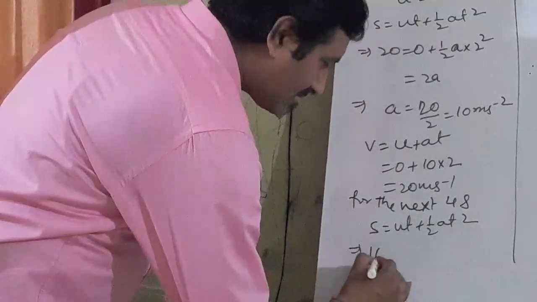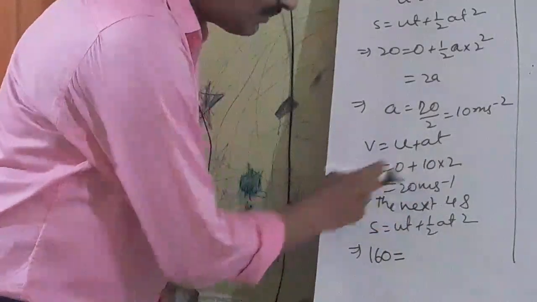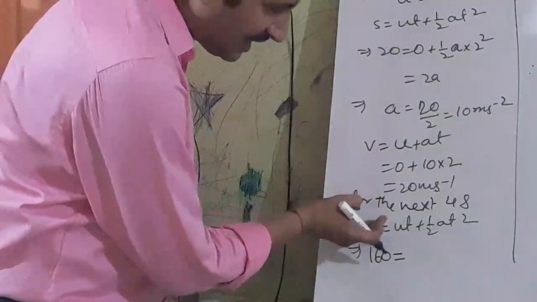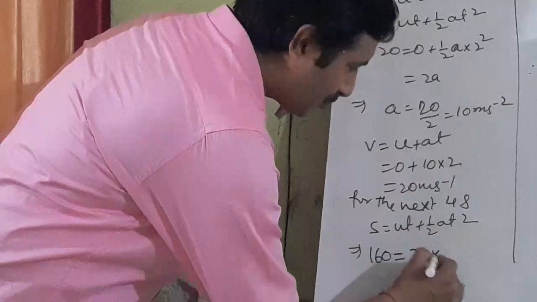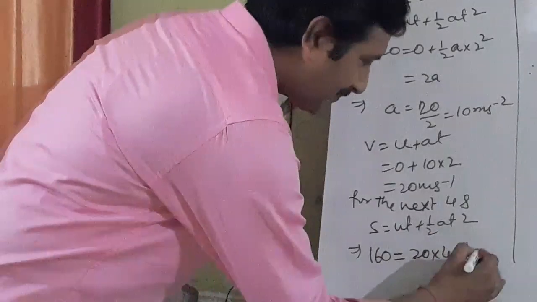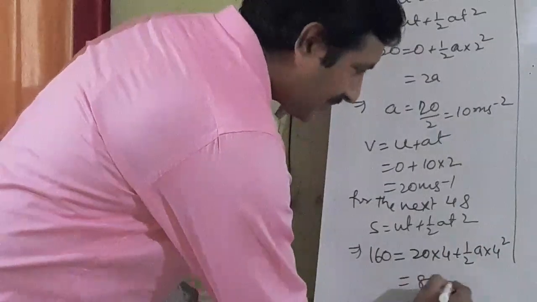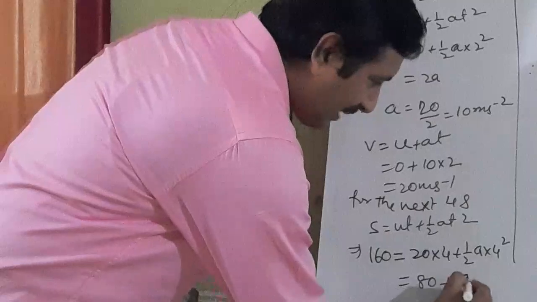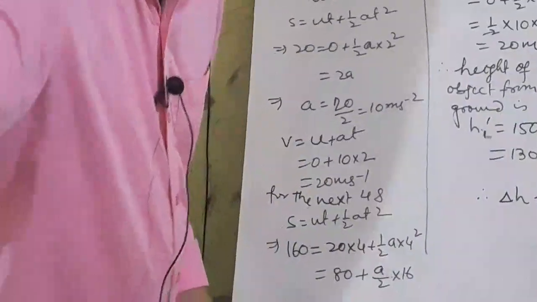So this is 160 is equal to, u will be this 20 meter per second, because after 2 seconds whatever is the velocity, that will be the initial velocity for the next 4 seconds. So this is 20 into 4 plus half a into 4 square. This is 80 plus a by 2 into 16. Have you got? A by 2 into 16.